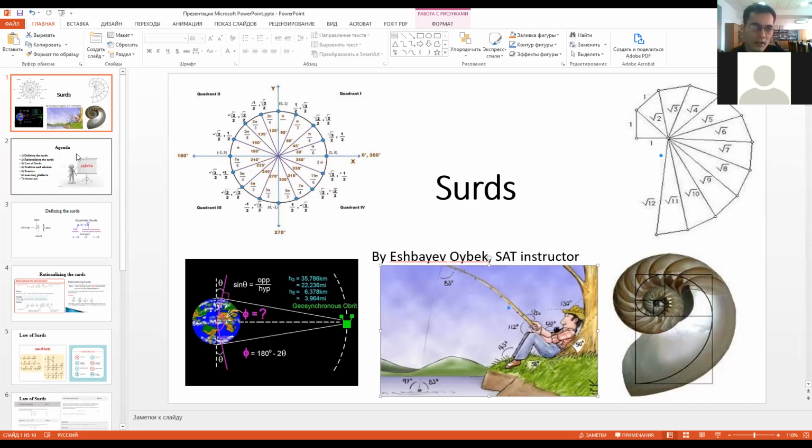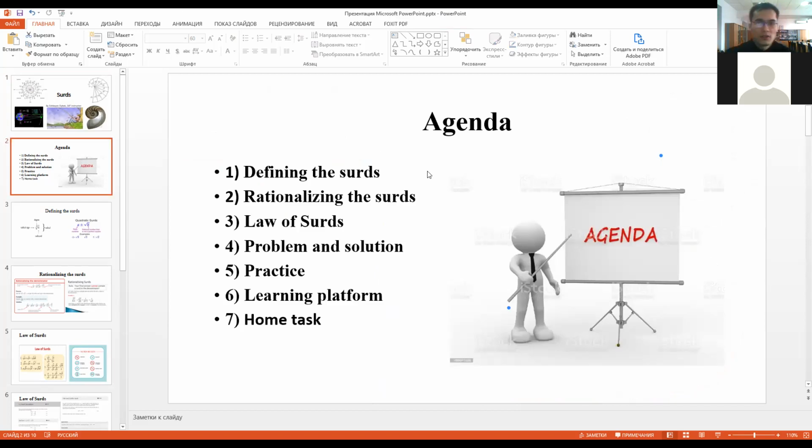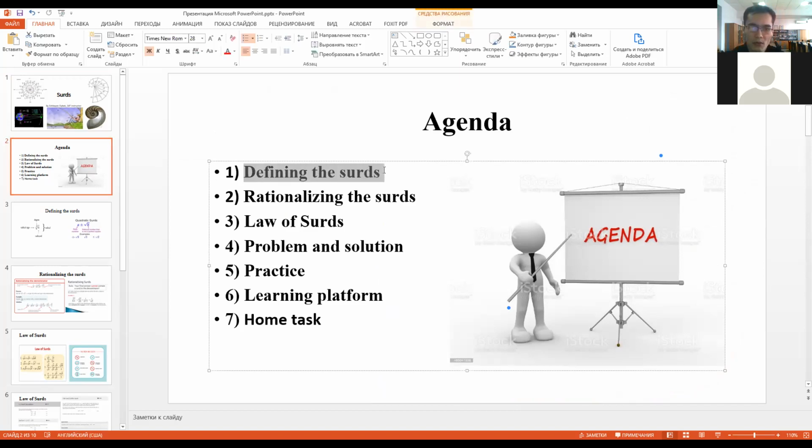Okay, let's continue. This is our agenda. We will follow this outline. First of all, I will define the surds, and each part of a surd has a strict name. You have to know that. Secondly, we will rationalize the surds. I will explain this mathematical operation. The third one is the laws of surds. We will learn a set of rules to apply to mathematical problems.